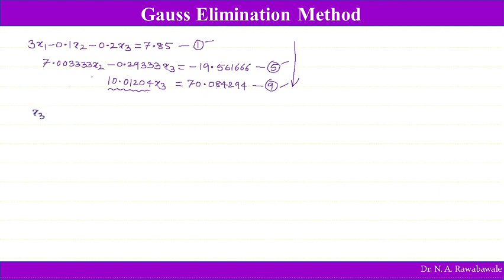Therefore x3 is equal to 70.084294 divided by 10.01204. So we get the value of x3 as 7.000001.